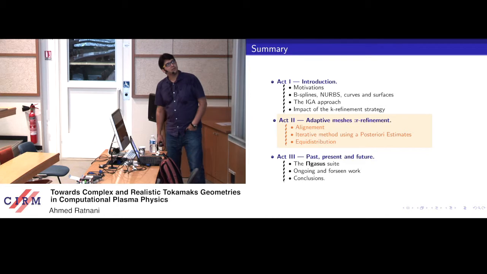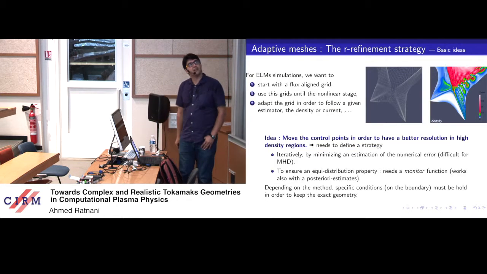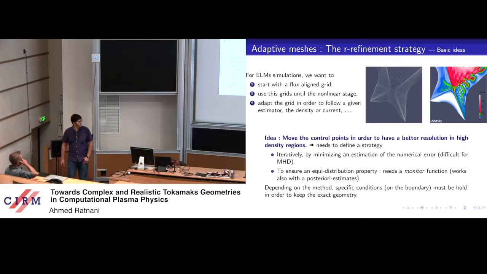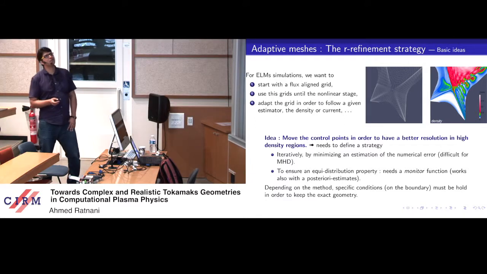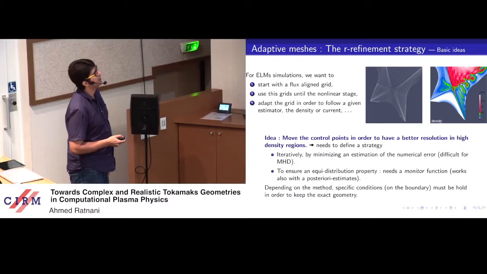Okay, so now we'll talk much more about alignment and equidistribution. As I said earlier, my work is on ELM simulation, and what people do is start with a flux-aligned grid, which is fixed once and for all, and then we use this grid.